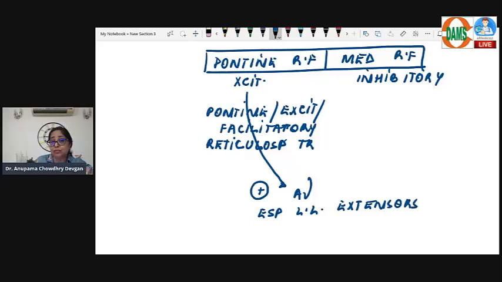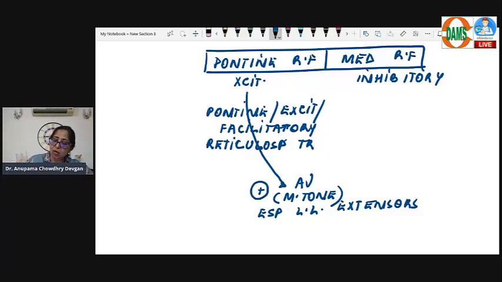And I told you, A-gamma is responsible for muscle tone. So it increases the A-gamma activity, in other words, it increases the muscle tone, and primarily in which muscles? The lower limb extensors. Remember, lower limb extensors are involved in erect posture.